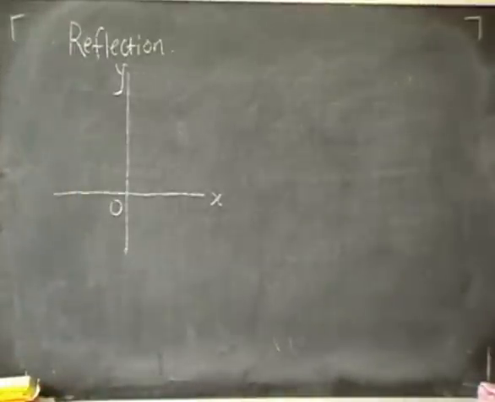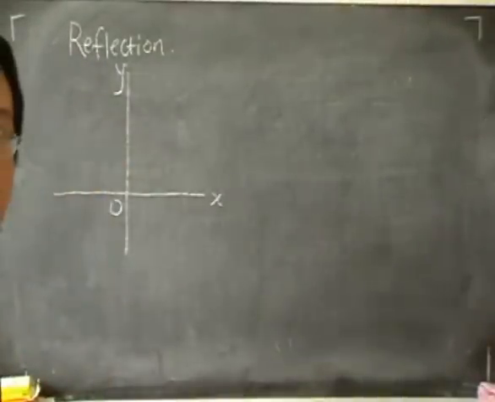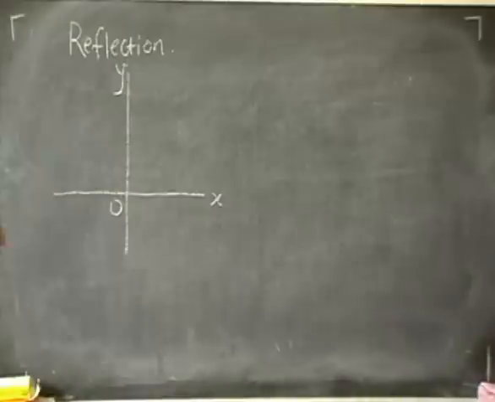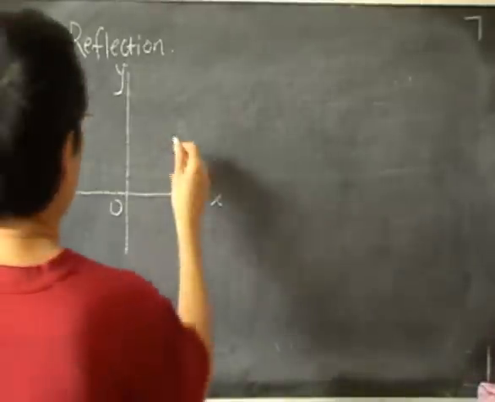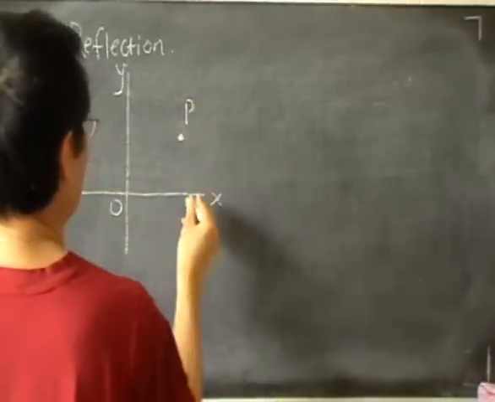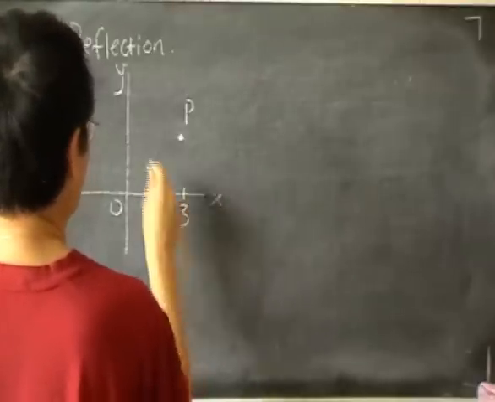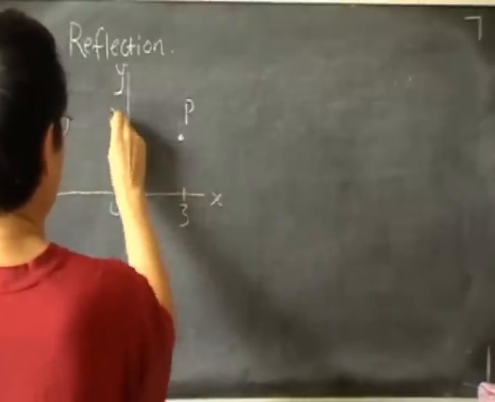So we start with a graph with the x and the y-axis. Suppose that I have a point here, P, with coordinates, let's say 3, 2.